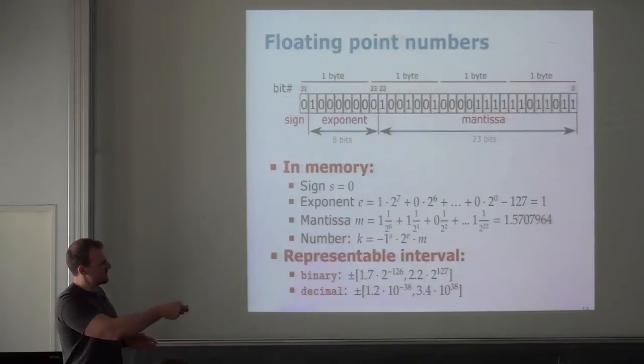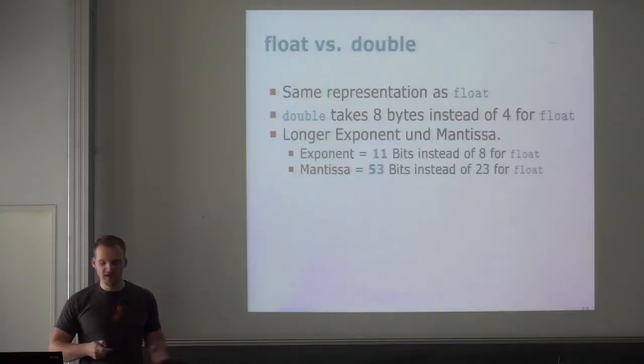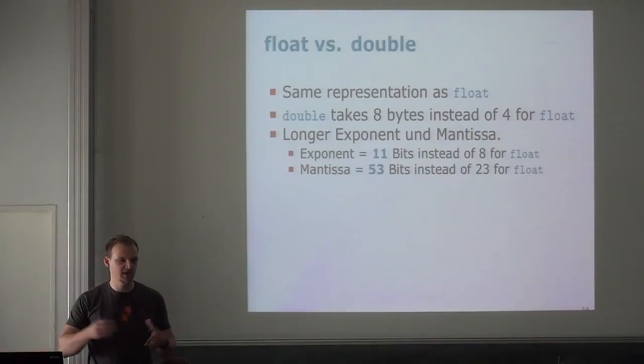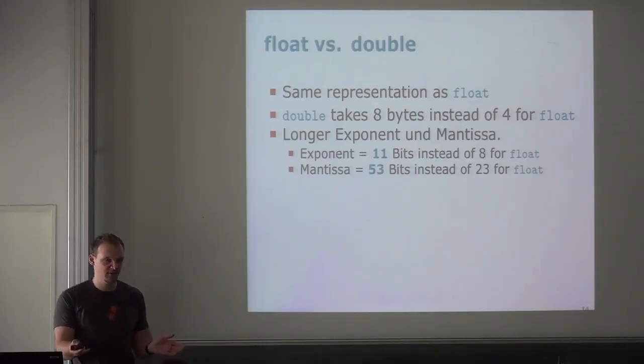So that's the whole difference to double. And that's why in double you can represent even bigger numbers, even bigger range, but you trade more memory for it. Every double number takes twice as much memory as a floating point number.